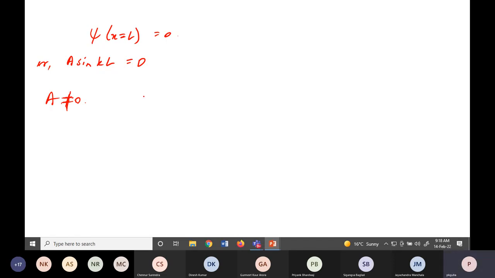We can't also accept kL equal to 0, because again that will give you a trivial solution. So kL equal to plus minus nπ, where n can't be 0, right?